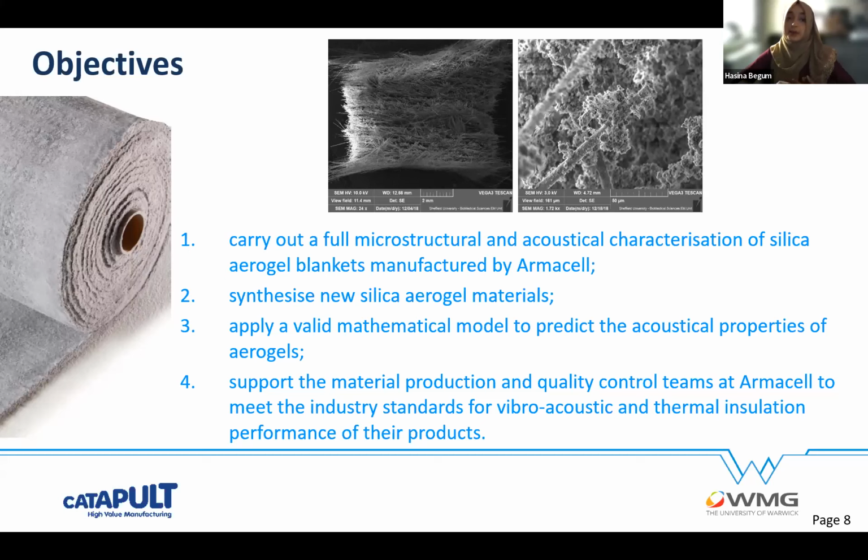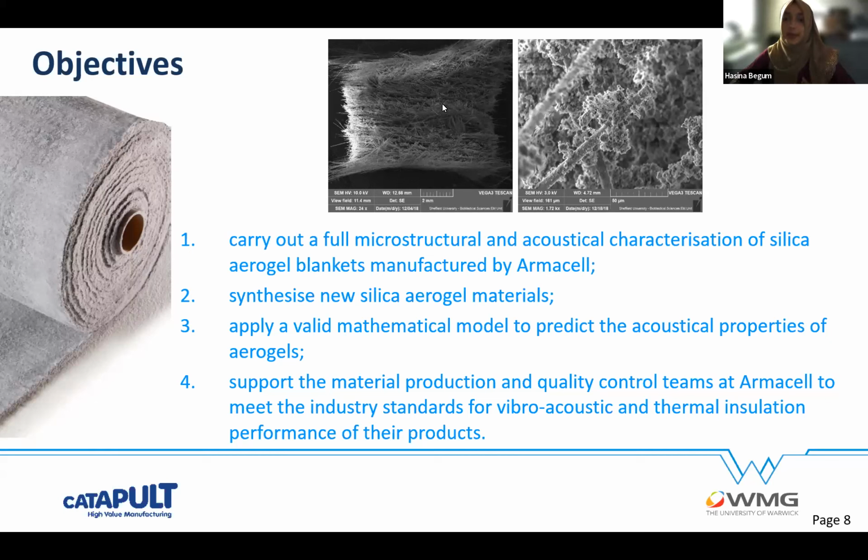The images that you see on the top are SEM images, and these images just show what the material looks like in its, we call it monolithic form, so it's kind of intact structure. On the left of the SEM, you can see the aerogel as a powder embedded within the fiberglass matrix. And then on the right, you can see the aerogel in a more zoomed in picture, with a 50 micron scale bar.